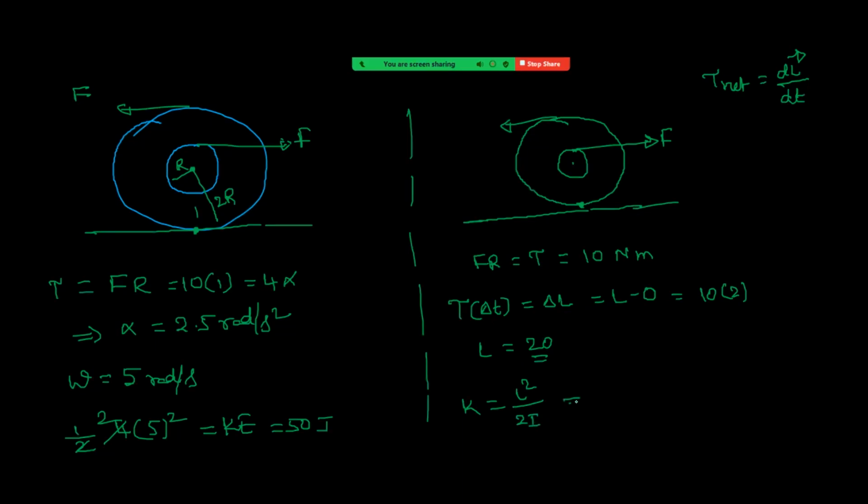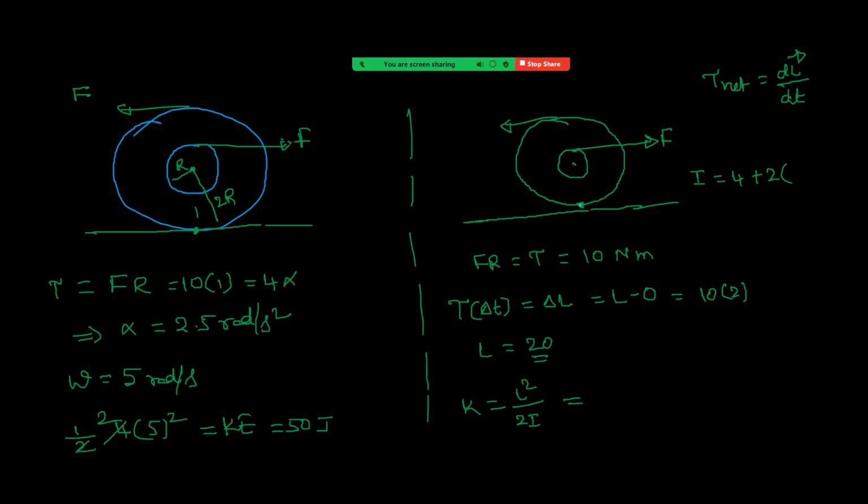Right? And remember students, you should be very careful here because we are taking rotation about this contact point. So find I value about the same axis. So I'm writing here I equal to, about its own axis, that is given 4, plus m r square.